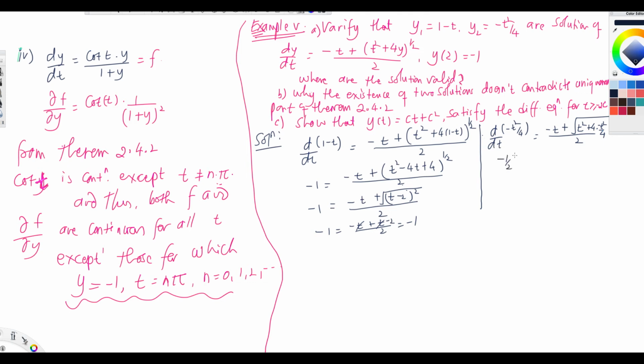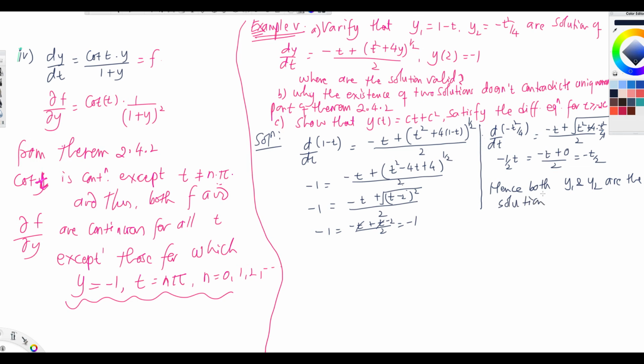Negative 1/2 t. That's the left hand side. Right hand side is negative t plus, the 4 and 4 will cancel out, so t square minus t square will be 0, right? So divide by 2, that is negative t over 2. So you've got left side and right side equal. So hence both y1 and y2 are solutions.